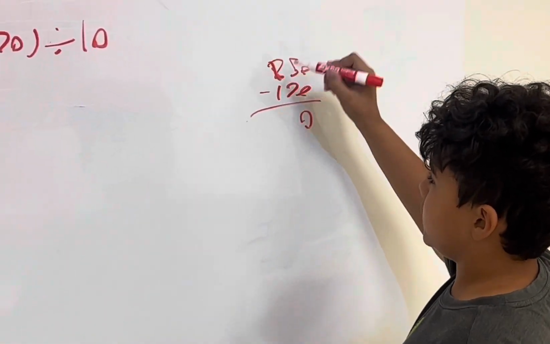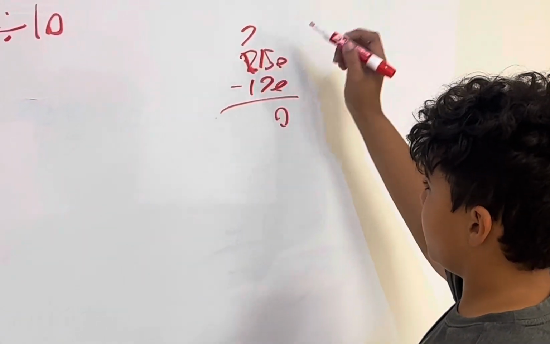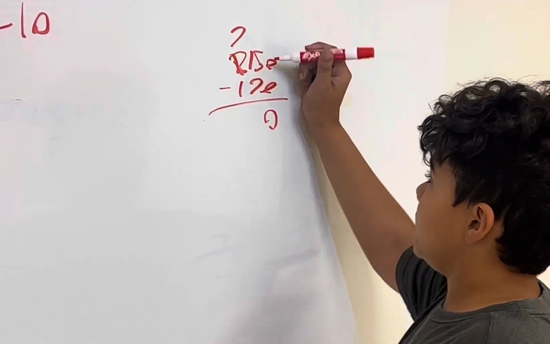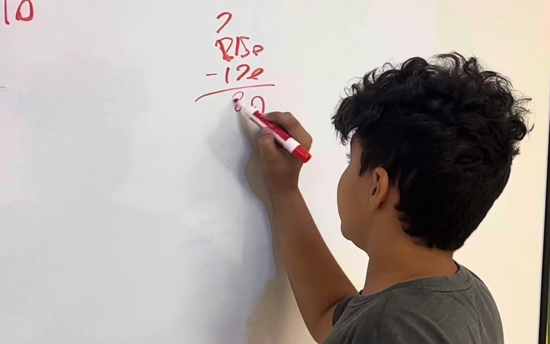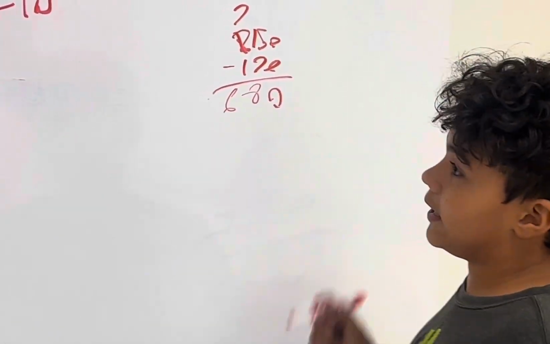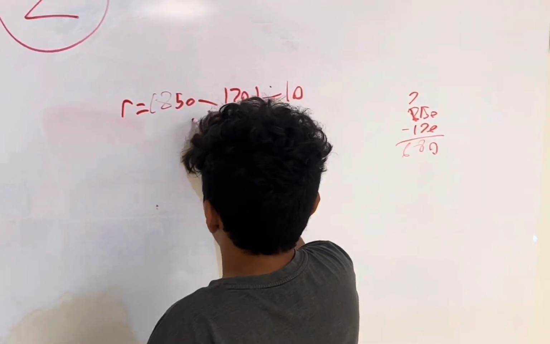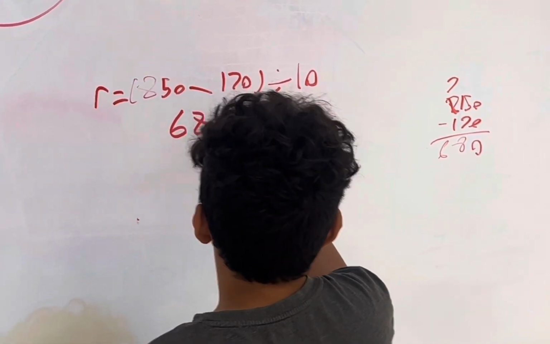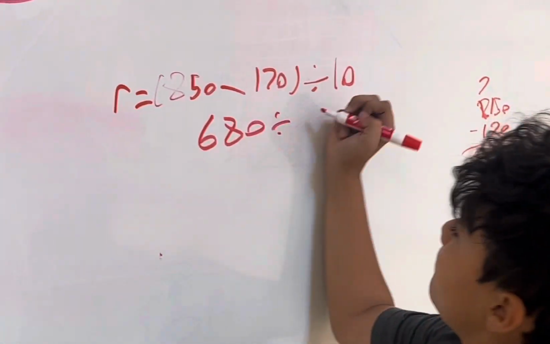So we would have to cross that out, put a 7, and then bring a 10 over. So now that would be an 8, then have a 6, then I would get 680, and I would bring 680 down, then I would divide that by 10.